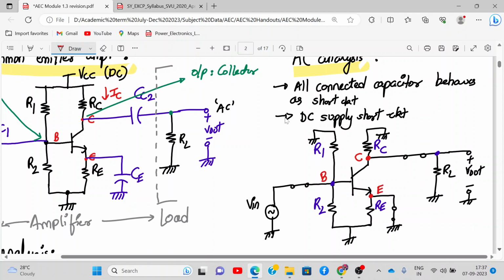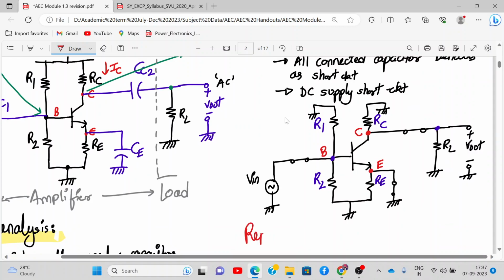Now in the next step, what I will do is replace the BJT by its hybrid pi model. You remember we have discussed the hybrid pi model. Can we start now?